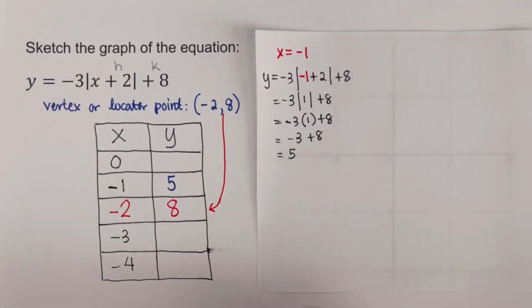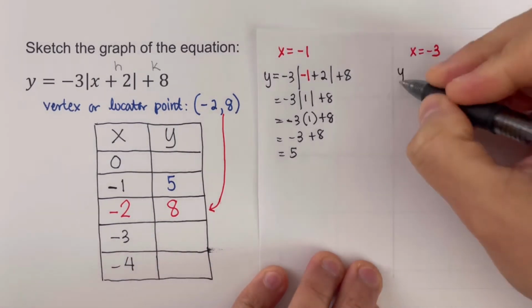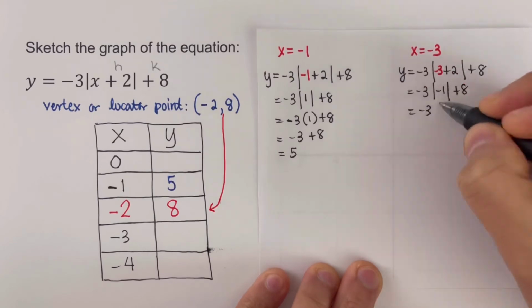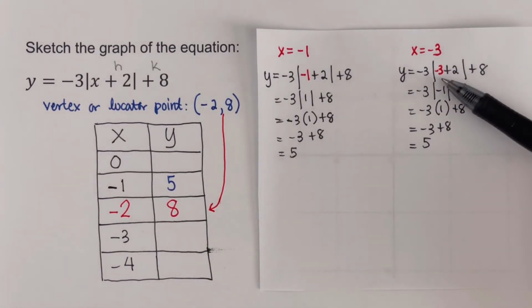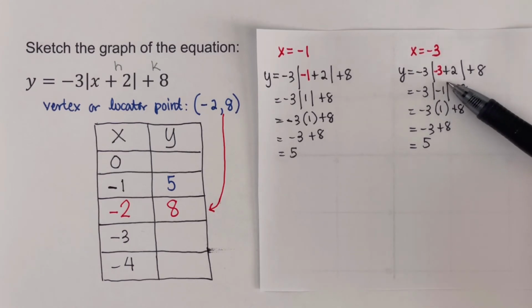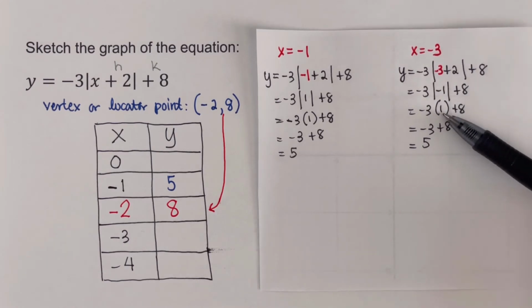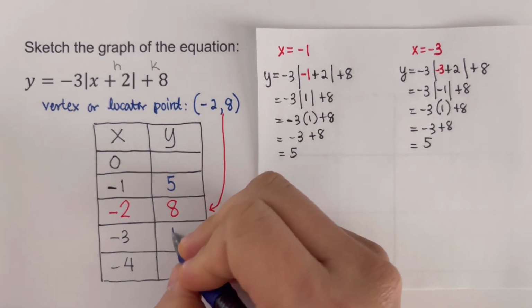Now I'm going to show the work when x is negative 3 on the side here. Okay, please notice that in this work right here, we have negative 3 plus 2 is negative 1. Absolute value of negative 1 is positive 1, and that's how we got a negative 3 here, because we multiply that to negative 3, and negative 3 plus 8 is positive 5. So we can go ahead and write that positive 5 right here.